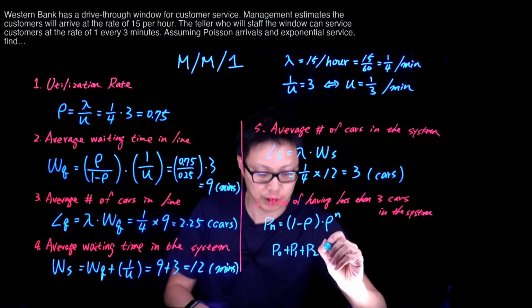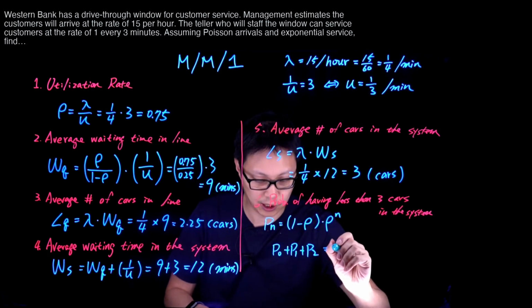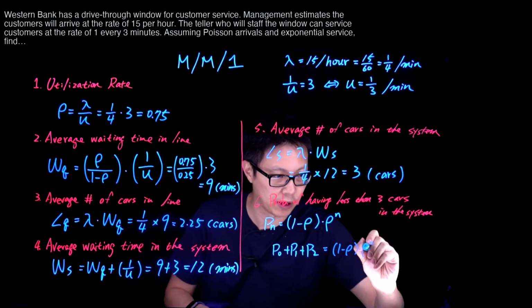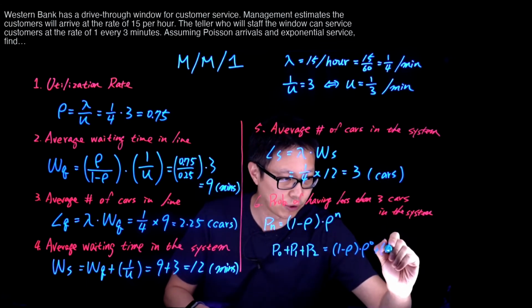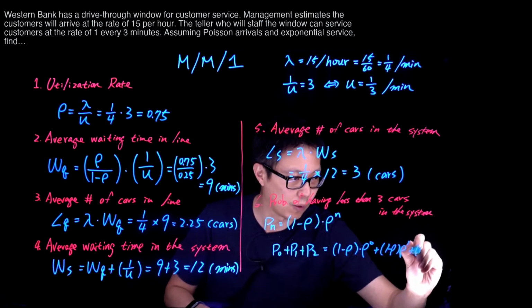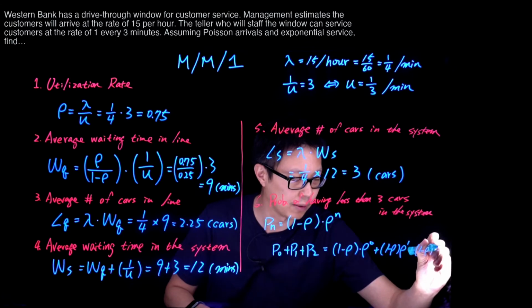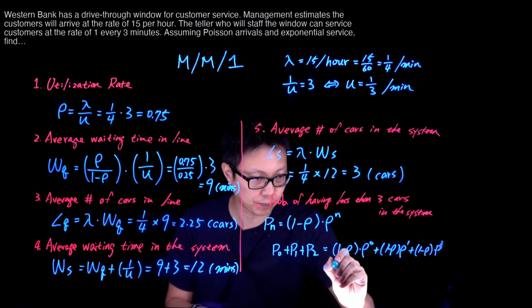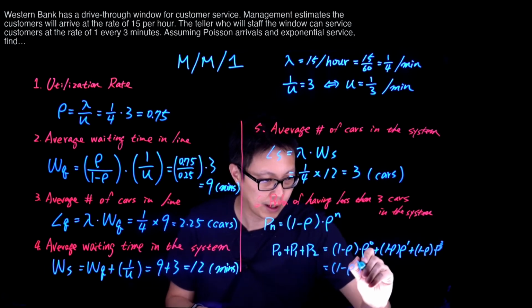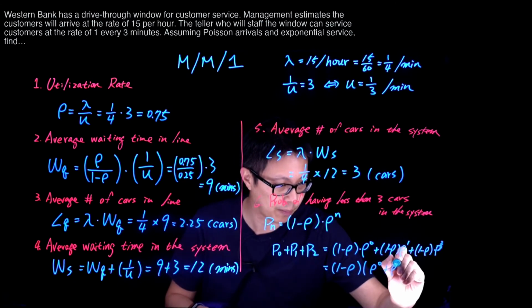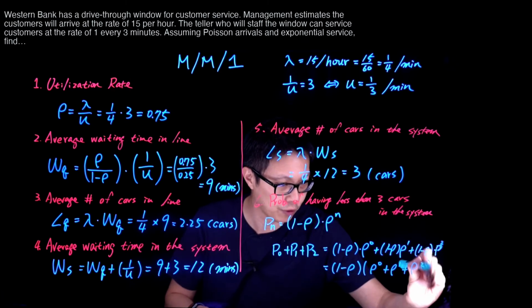Okay, then you just plug in all the formulations. This is equal to 1 subtracted by rho times rho to the power of 0, plus 1 subtracted by rho times rho to the power of 1, plus 1 subtracted by rho times rho to the power of 2. So everything here will be equal to 1 subtracted by rho times rho to the power of 0 plus rho to the power of 1 plus rho to the power of 2.